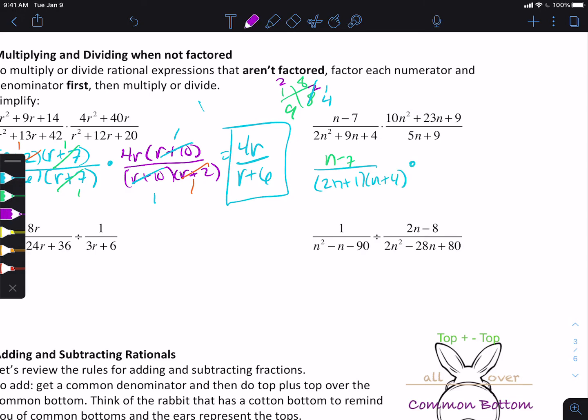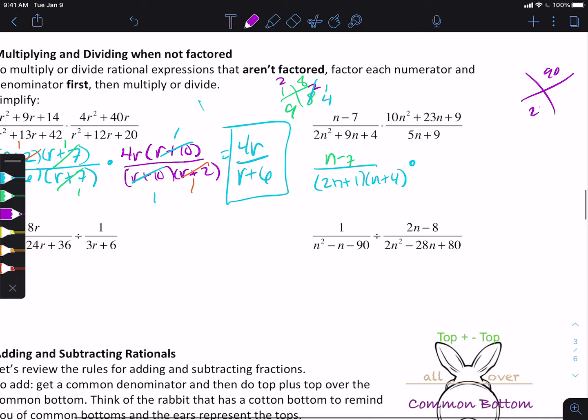On the top right, I need to multiply to 90, but add to 23. Now on this one, you may not be able to see right away what it is, so you can just do in your calculator 90 divided by 1, 90 divided by 2, 90 divided by 3, 90 divided by 4, which doesn't work, divide by 5, you get 5 and 18, and then your 5 and 18 get you to your 23.